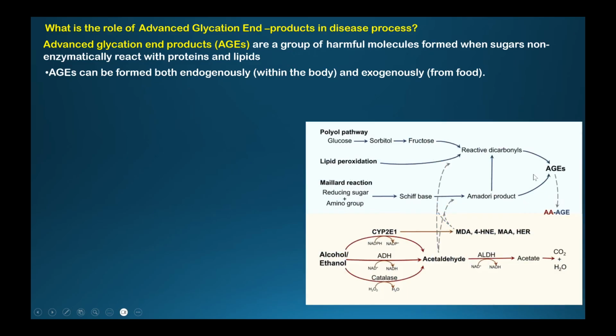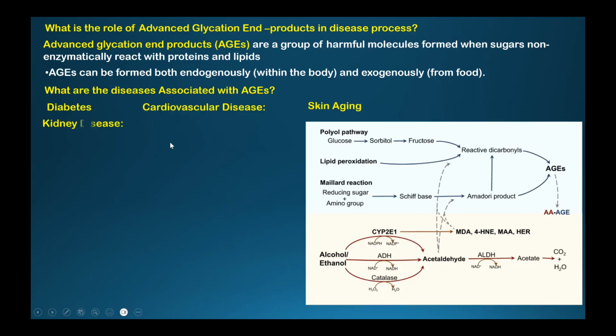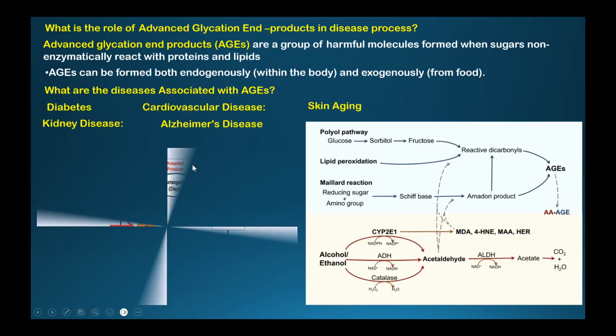All these things ultimately end up as advanced glycation end products. Chronic alcohol usage also can contribute to that. So the diseases associated with advanced glycation end products are not only diabetes but cardiovascular diseases, skin aging, kidney disease and Alzheimer's disease. All these diseases are caused by this particular harmful molecule.